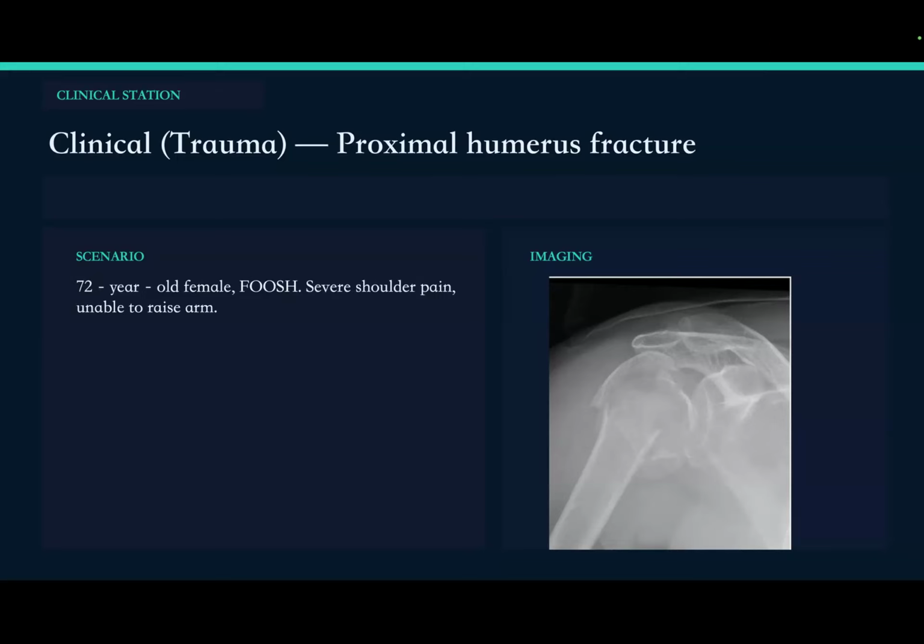So as I said, the main key concern is a high energy injury. So I would like to assess this patient according to ATLS principles and put a trauma call if it's not done.